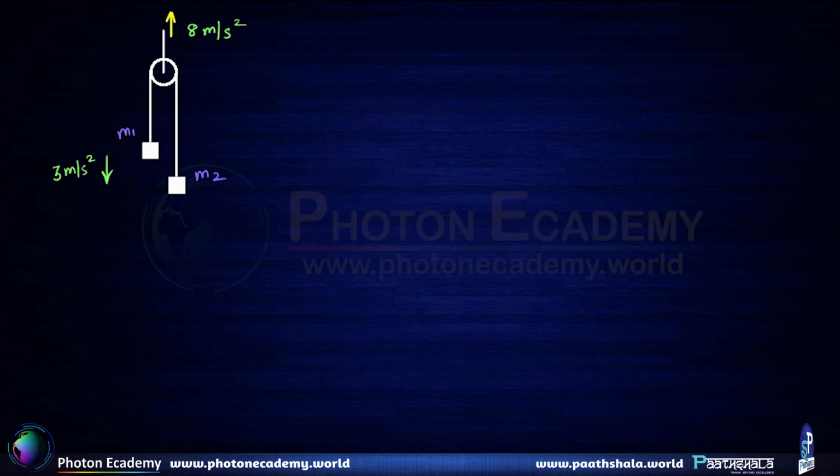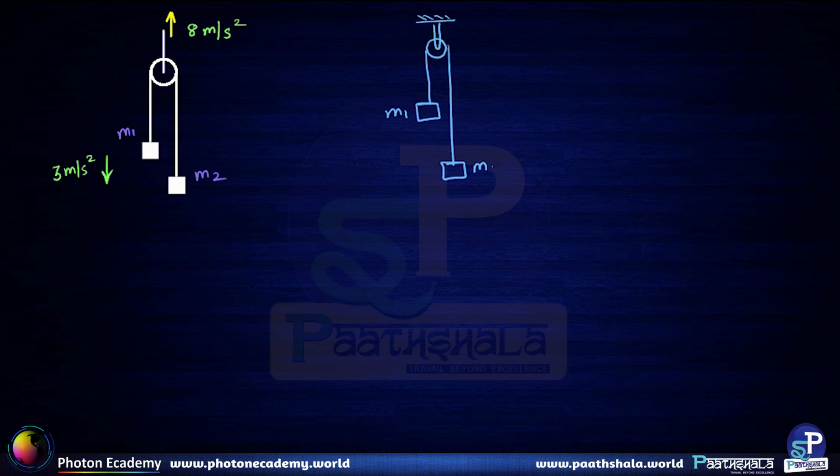We need to understand that, let us say the acceleration of m1 in a normal case, let us say when the pulley was fixed over here, then the acceleration in such a situation of the mass m1 compared to the mass m2, or the mass m2 compared to mass m1, would be easy to find. If this was the situation, then if this is going down with acceleration 3, then this simply has to come up with acceleration 3.